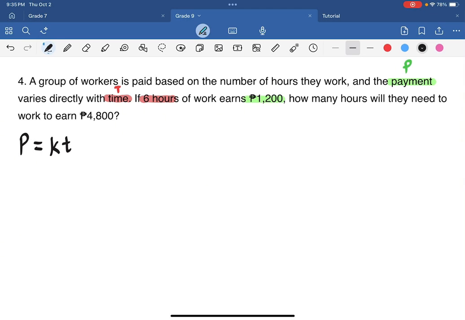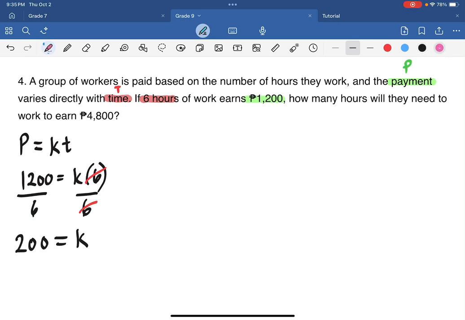So for P, 1,200 is equal to K times 6. Now, divide both sides by 6. So for K, 1,200 divided by 6 is 200. And this is the value of our constant.